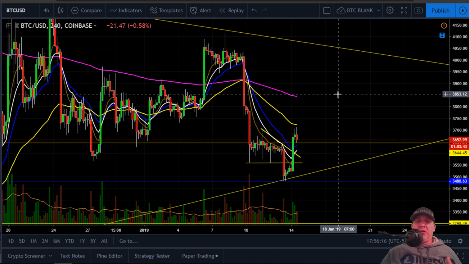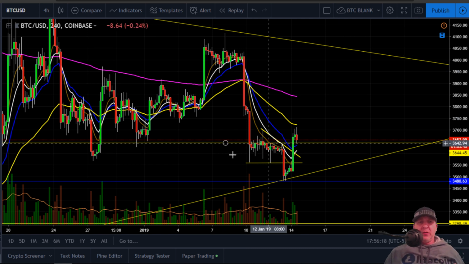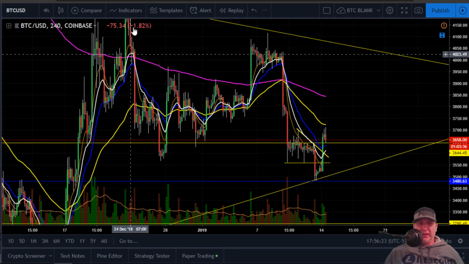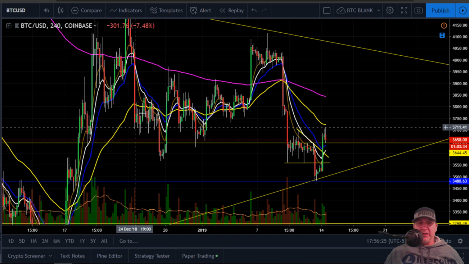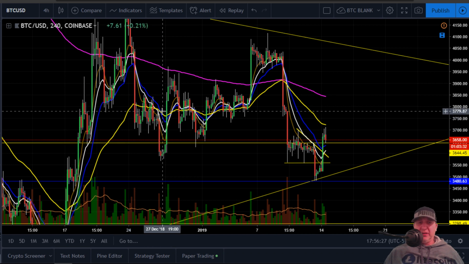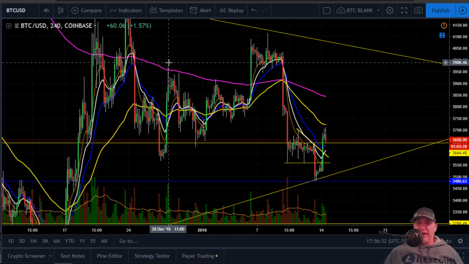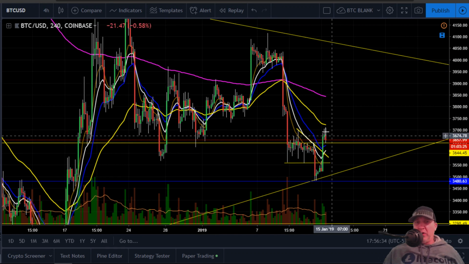And I pointed this out this morning. If you look here, it kind of looks like the same move. We had a big drop, moved a little sideways, kind of choppy, went down, did like a bart pattern back up. And it looks like what we've done here.